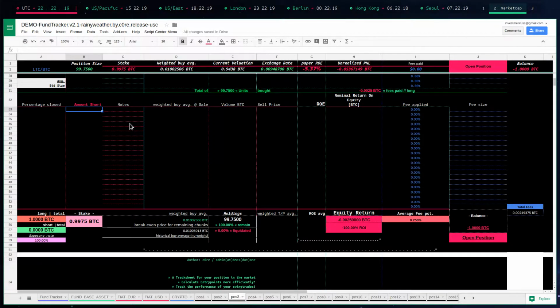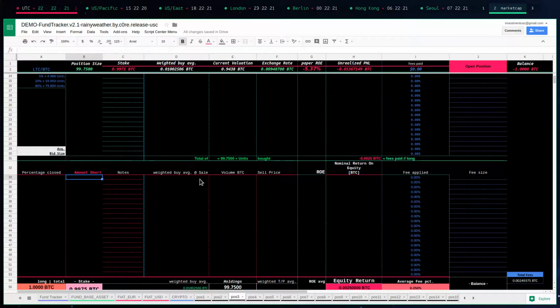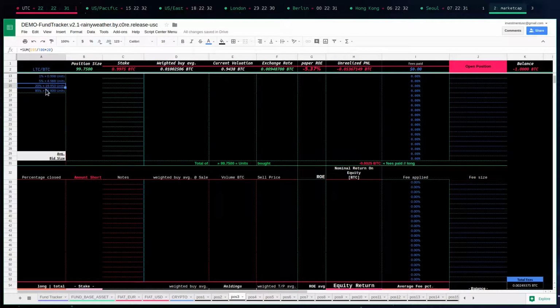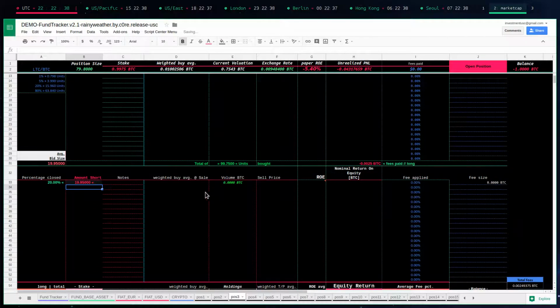Let's say we are about to take profit, so we actually would need to sell. So this comes into play. We want to sell, say, 20% of our position, which amounts to 19.95 units.